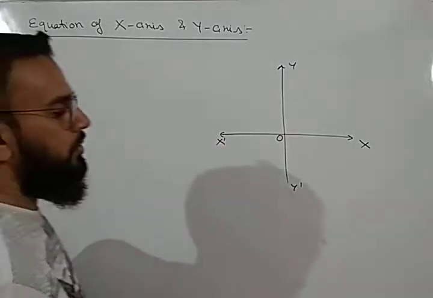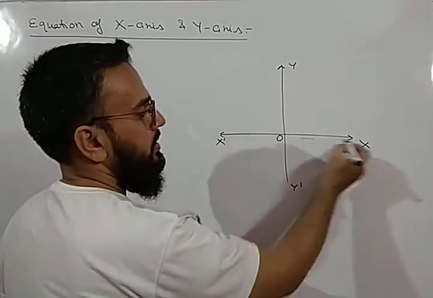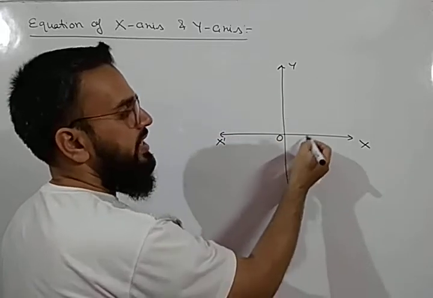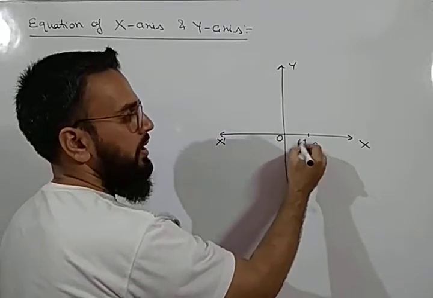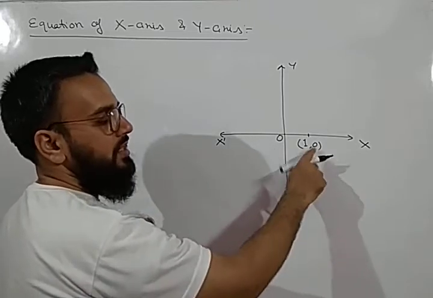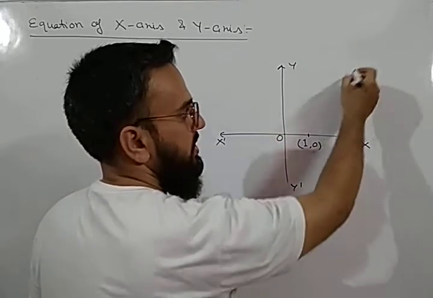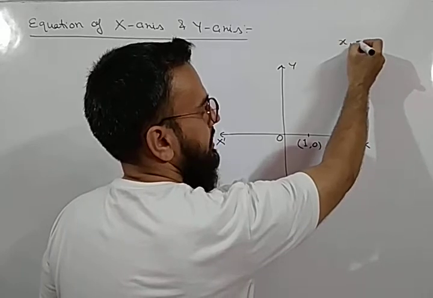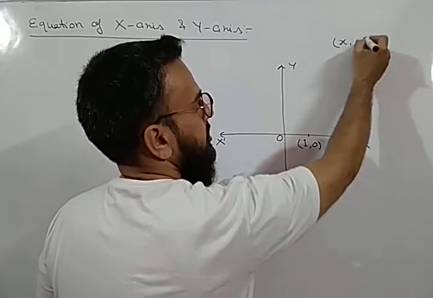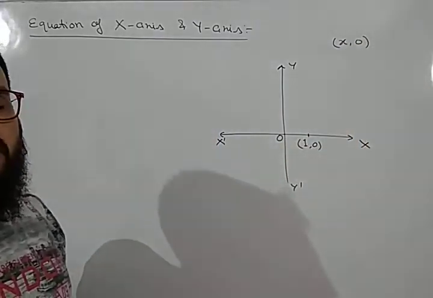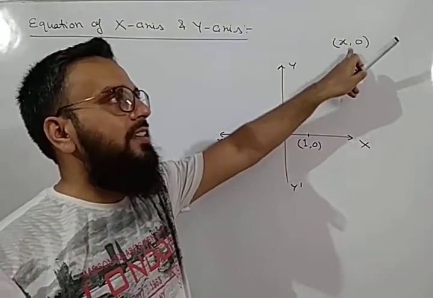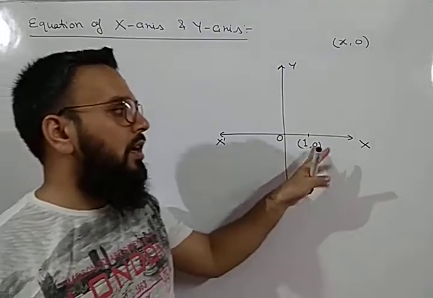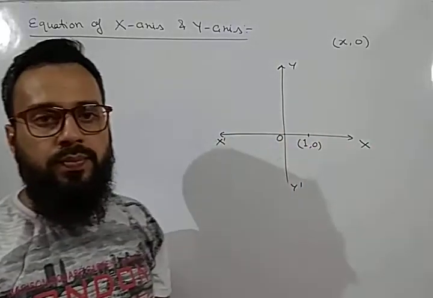As we all know, on x-axis, if we consider any point, suppose we consider this point, it is (1, 0), because we have discussed in coordinate geometry that every point on x-axis is represented as (x, 0), because on x-axis the y coordinate is always 0.